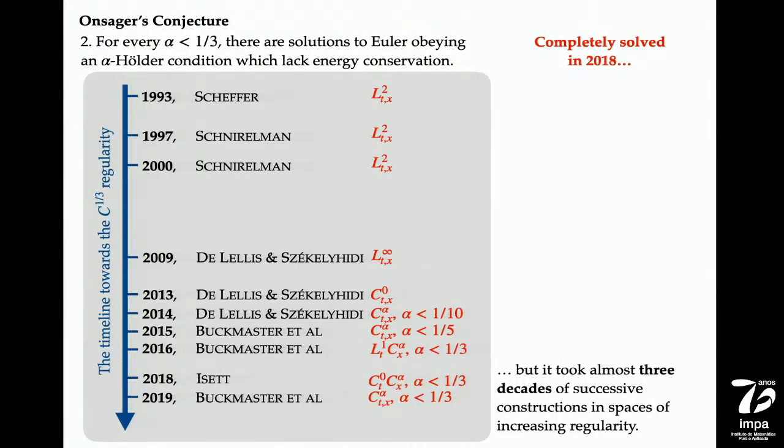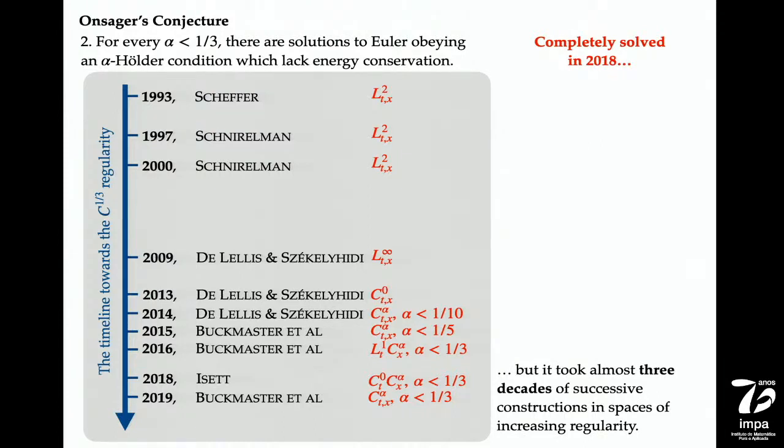The proofs essentially construct by hand solutions of the Euler equations which are dissipative, or non-conservative. They perform this in different spaces because of technical issues, and we can see that, in some sense, regularity is increasing.